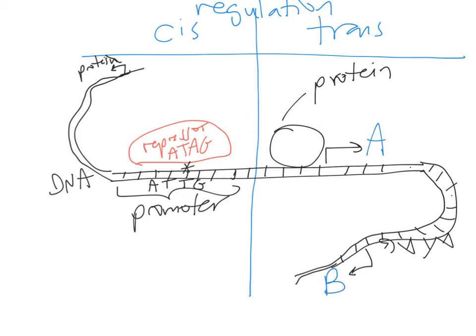So if I mutate this promoter and not this promoter, what's this protein going to do in this cell? Bind to the B. It binds here just fine. It recognizes that sequence. There's the repressor. What happens up here with this mutant promoter? It doesn't bind to it.